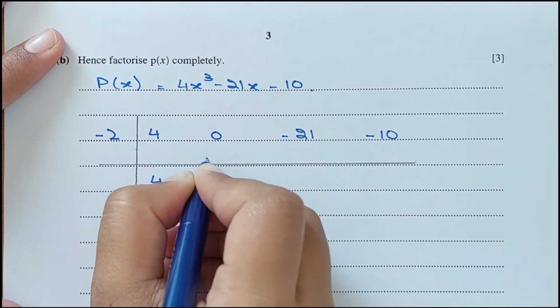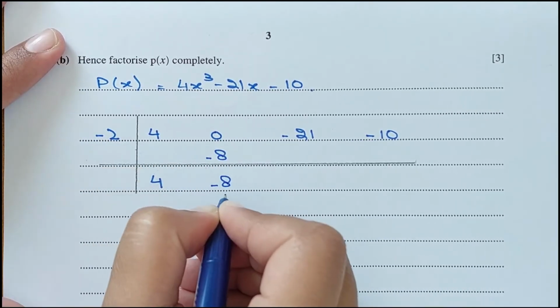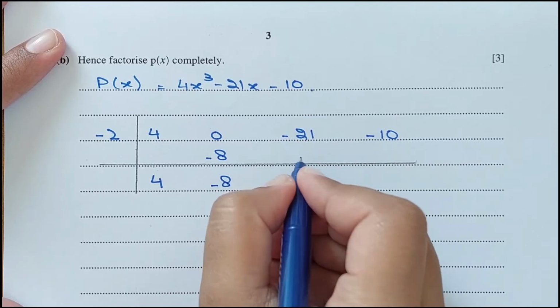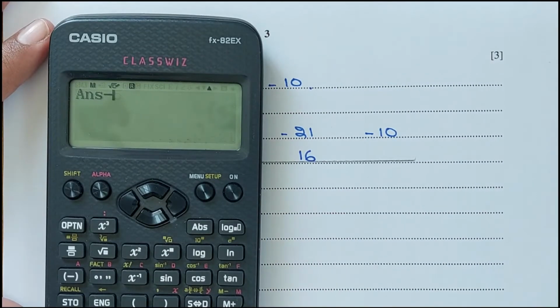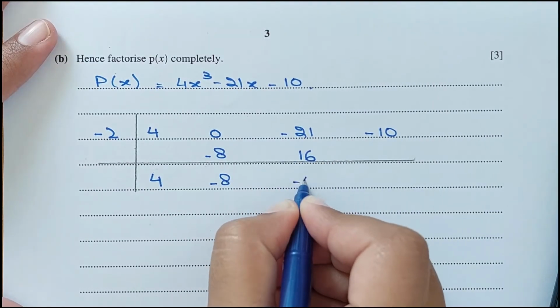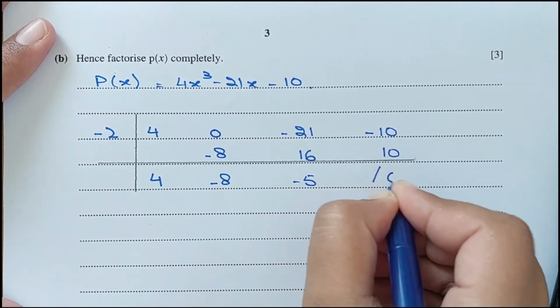Minus 2 times 4 is minus 8. When we add, we have negative 8. Negative times negative is positive. 2 times 8 is 16. And minus 21 plus 16 is minus 5. Negative times negative is positive. 2 times 5 is 10. And when we add, we have 0.